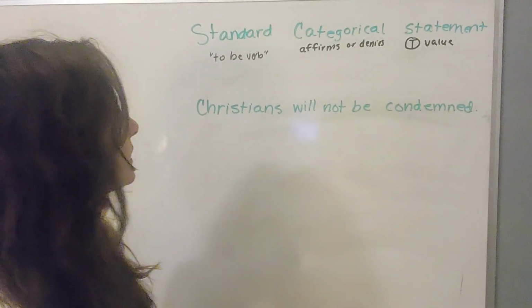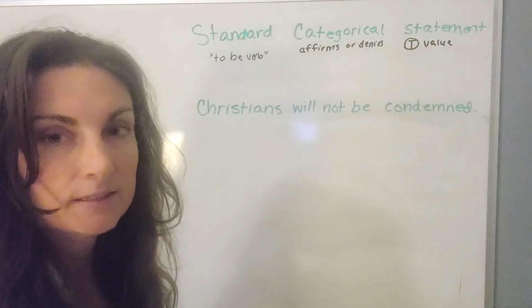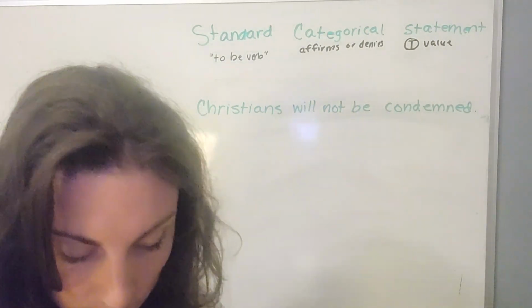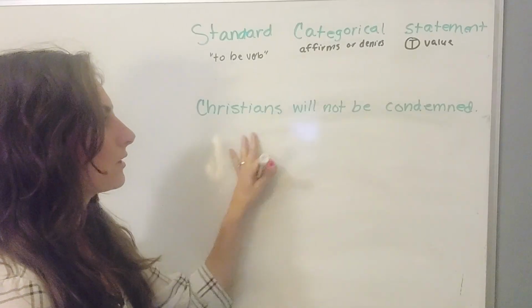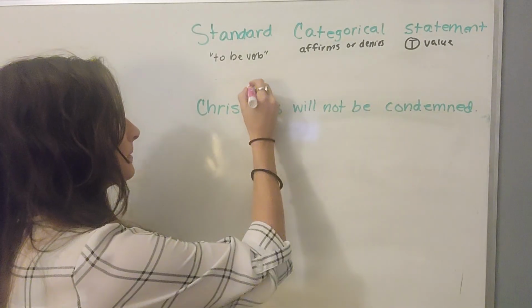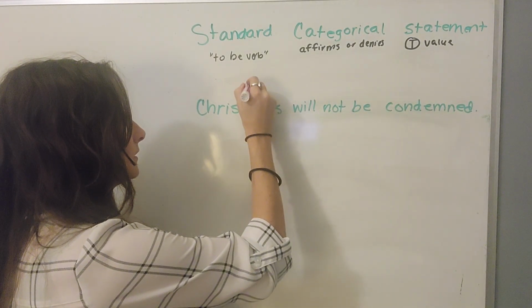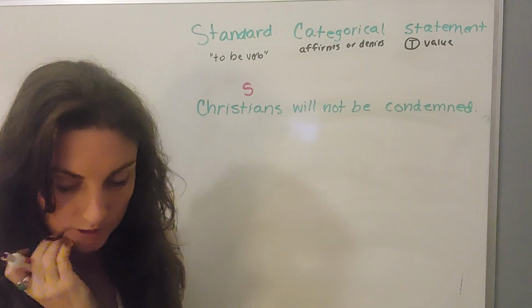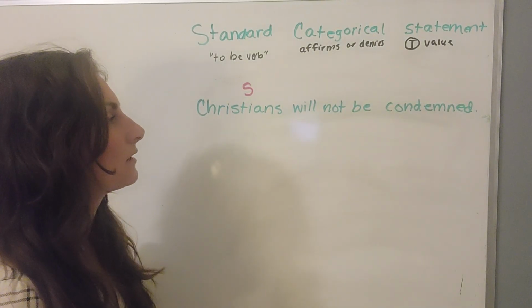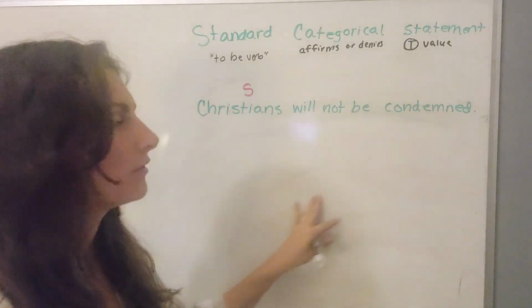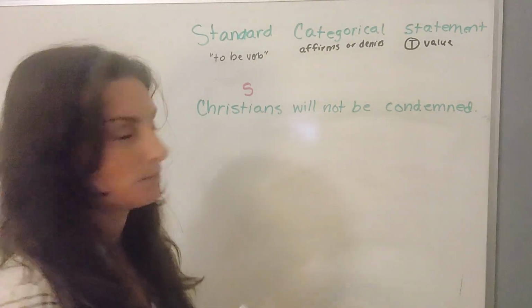So first what we're going to do is let's find our subject. What is the sentence actually talking about? Well, our subject is Christians. So I'm going to put this here. This is our subject. And where is our verb? The verb is condemned.